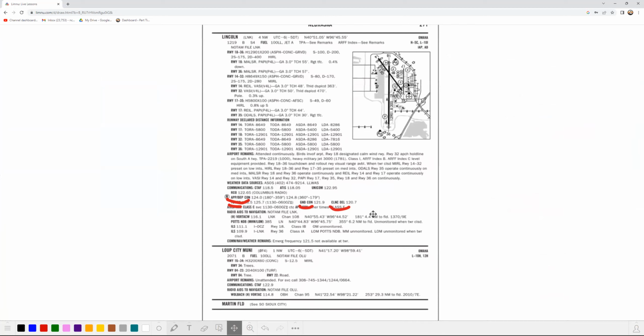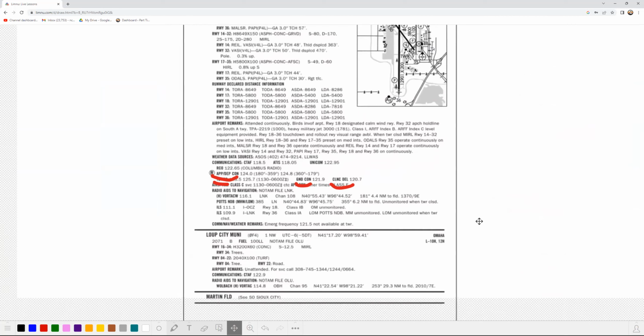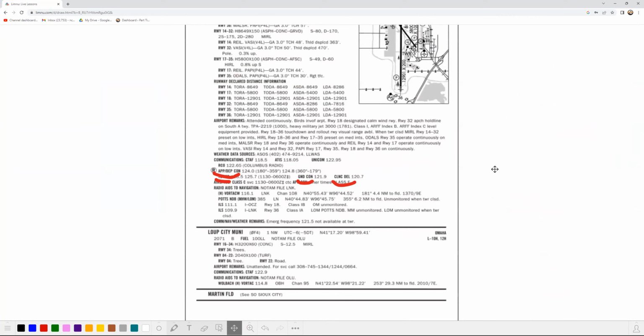Is that a question, Lindsay? Yeah, so Stu's got it. It tells you right here, these little ranges tell you where you approach them from. So whether you're flying that range of headings from the airport, you're going to use the different frequencies.